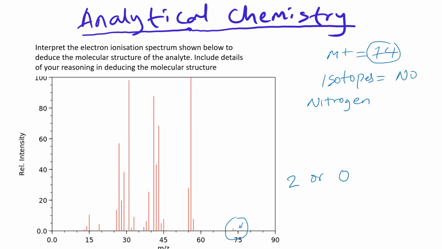To confirm, if it contains nitrogen at all, you should be expecting a peak at 30, because a peak at 30 is a characteristic peak for amines. Here there is no peak at 30, so it means there is no nitrogen present in the analyte.